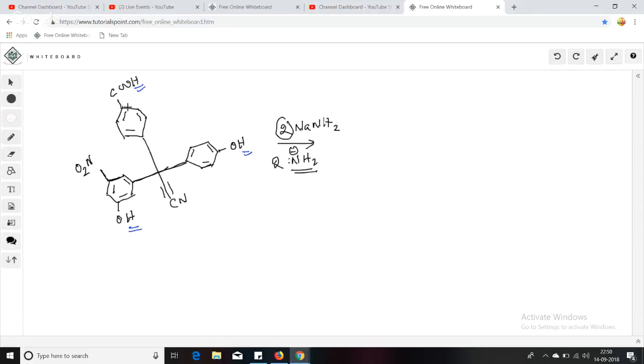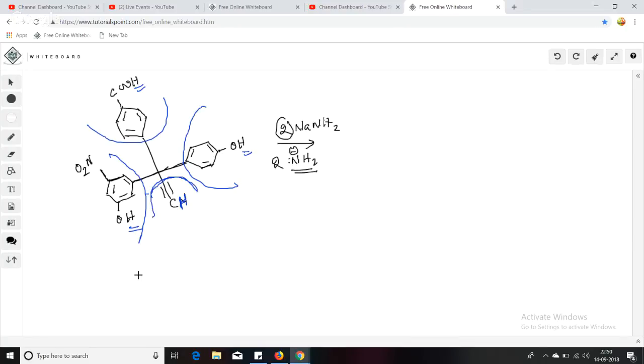Obviously the hydrogen which is more acidic will come out. So basically we have to compare the acidic nature of these groups. One group is this, one group is this, and another group is this. Sorry, here we have CH. So another group is this also.